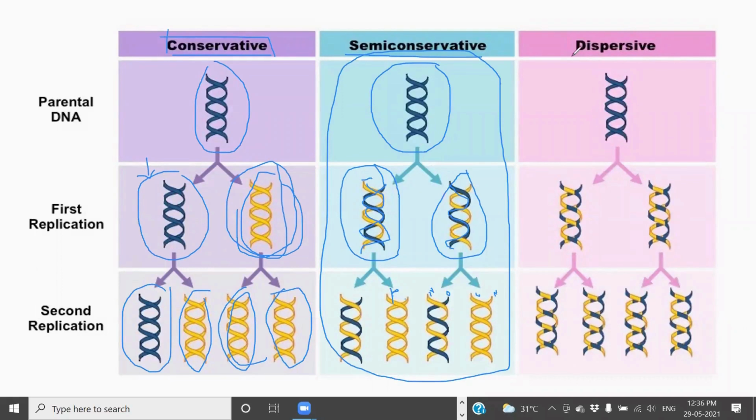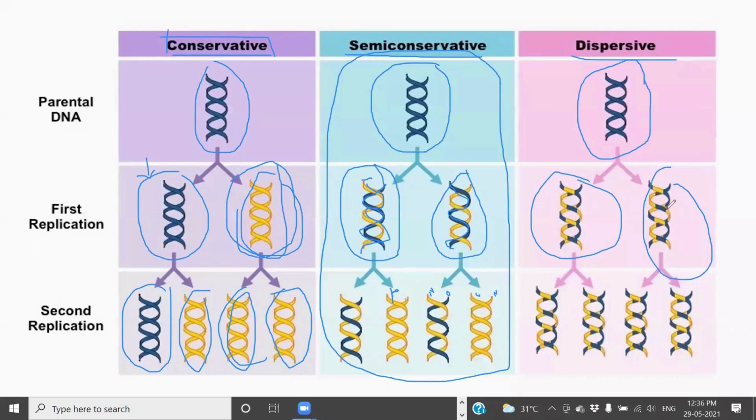While in the third model, the dispersive mode of replication, you can see this is a dark blue DNA molecule. It gets distributed into the two daughter DNA duplexes like this. So some part of the old or parental DNA, some part is newly synthesized.